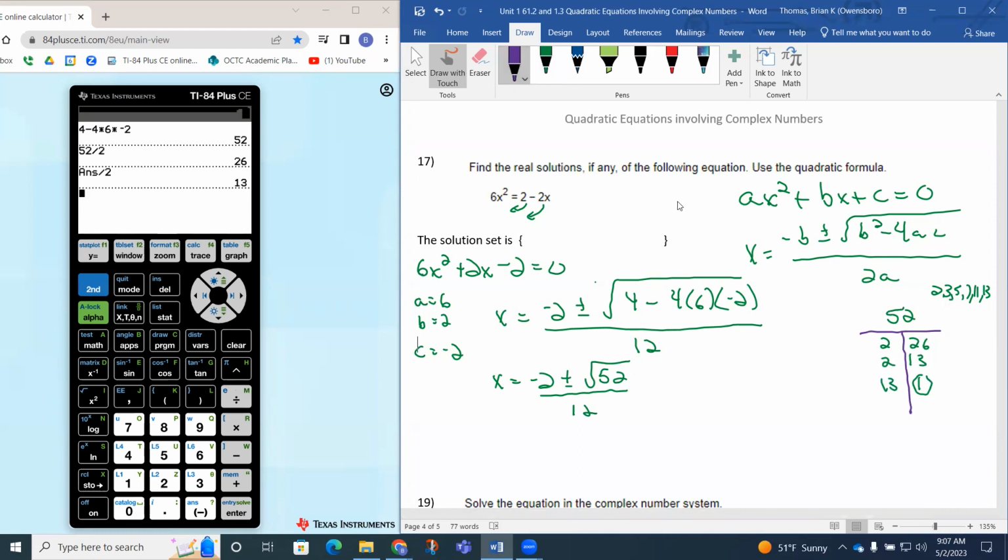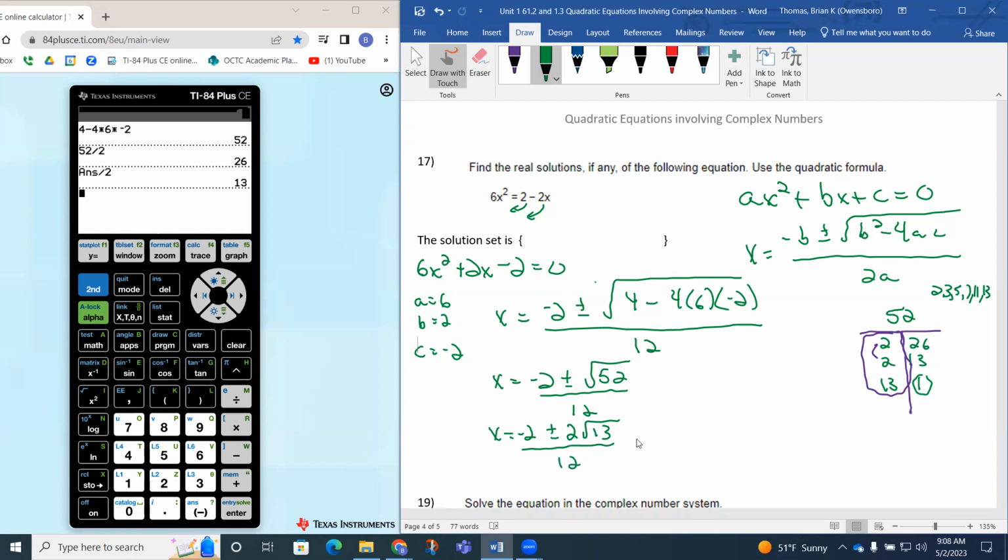This is our prime factorization. What we're looking for are factor pairs. And also that there's a pair of 2s. So that means I can bring a 2 out. That means the only thing left inside the radical will be the 13. So we have this x equals then the negative 2 plus or minus. So a 2 is going to come out and leave me a 13 inside there. And then this is going to be all over 12.